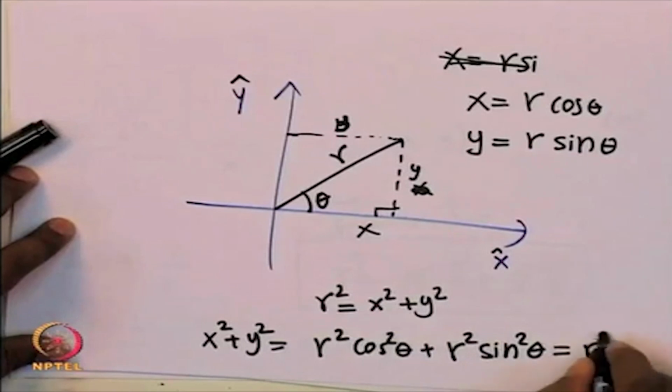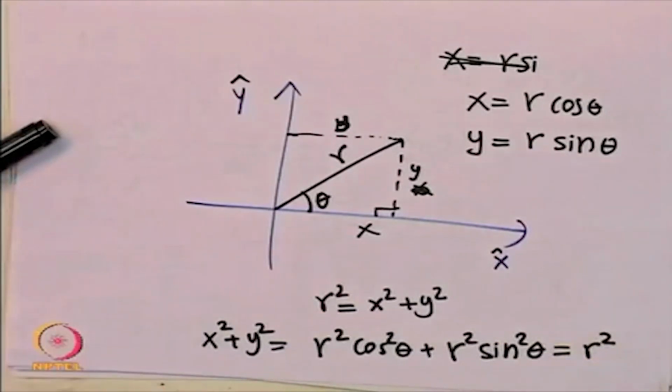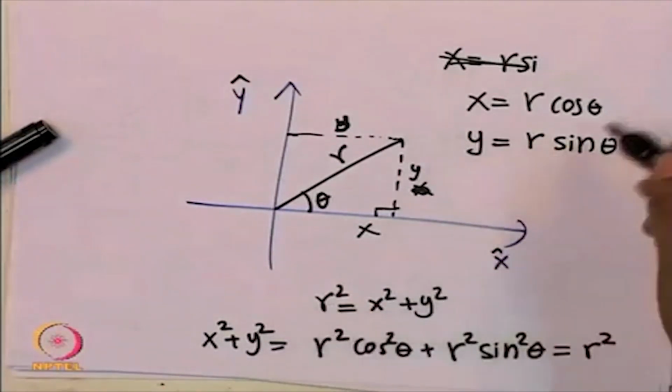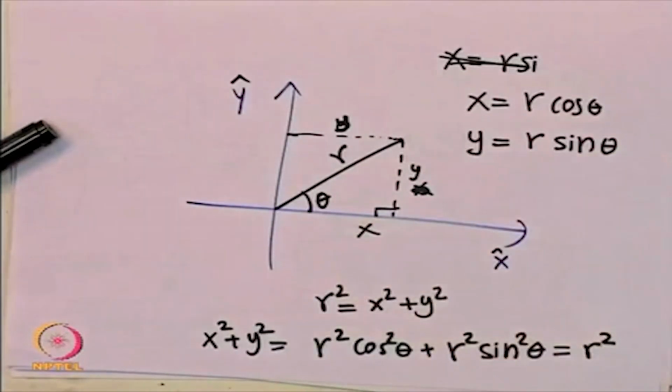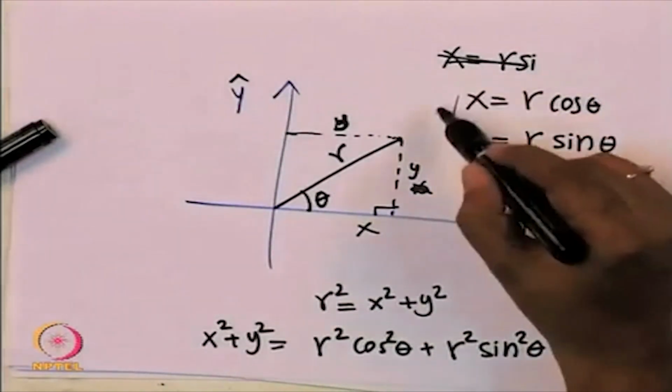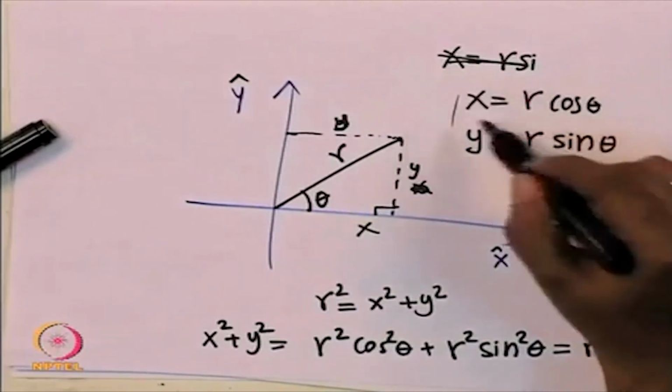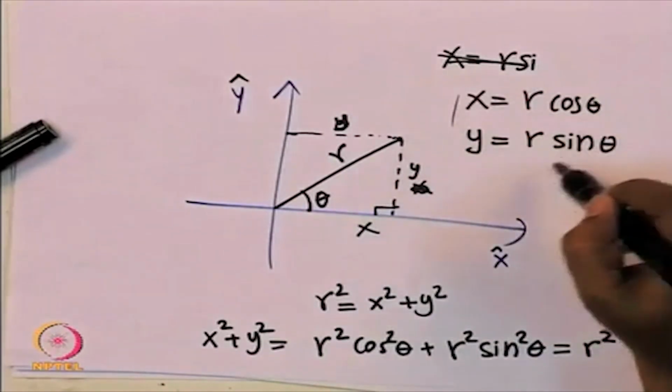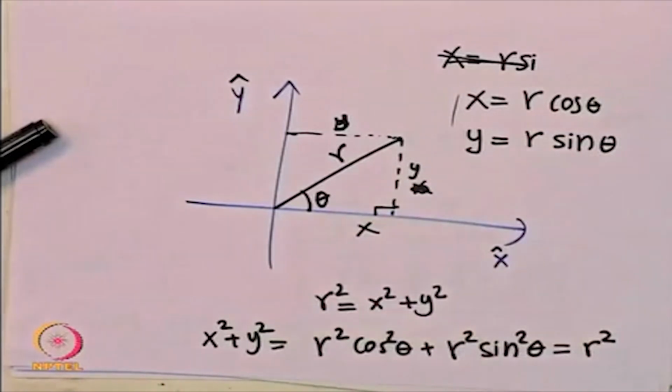So, this is r square. So, essentially what we knew from the Pythagoras theorem is here. This is a simple trigonometric idea that we used to get x square plus y square equal to r square, and x equal to r cos theta, y equal to r sin theta only means some trigonometric identity.